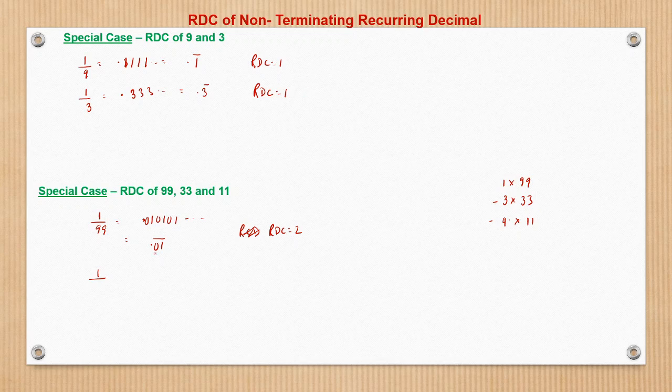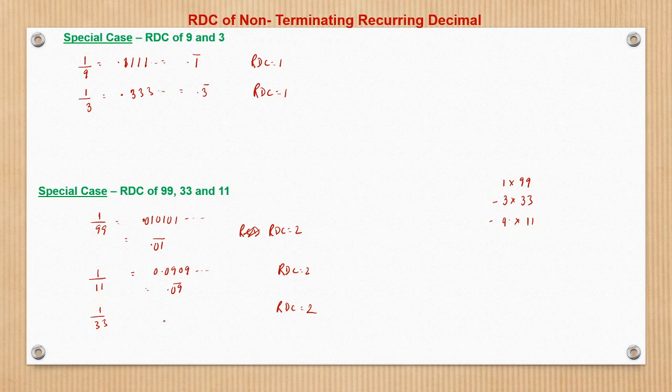Now the rest, 11 and 33, all these numbers will have an RDC of 2, right? So 1 upon 11, if we see, I just calculated 1 divided by 11, it is 0.0909, and so on, so 0.09 bar.